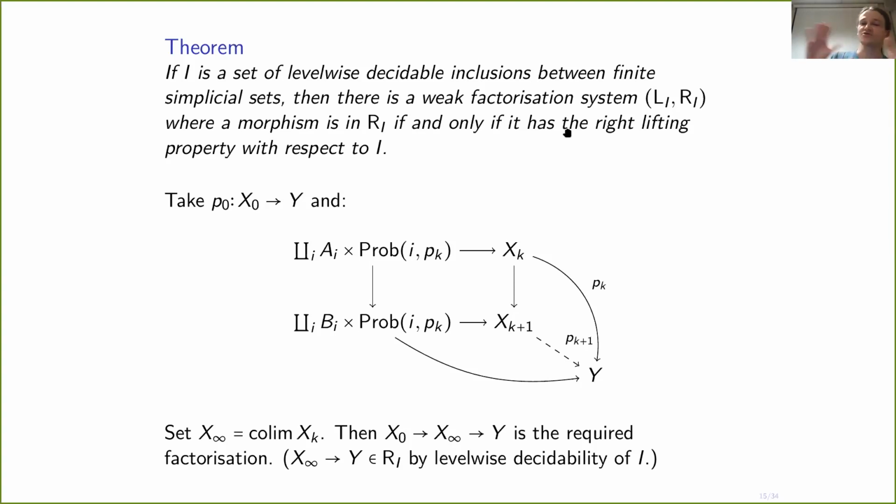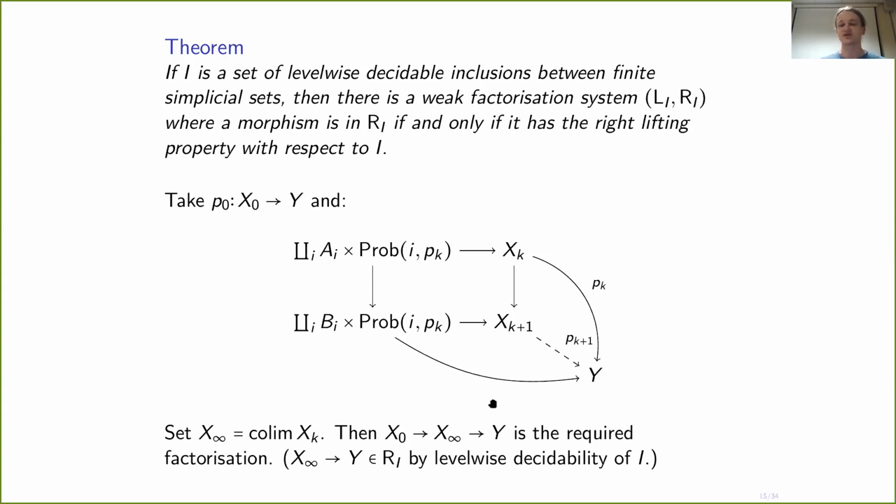And somehow this highlights how we are approaching this entire project, in that we would really like to use excluded middle because it is useful. So we are just assuming it locally by inserting these level-wise decidable inclusions where we need them, and then we have some limited form of excluded middle at our disposal.